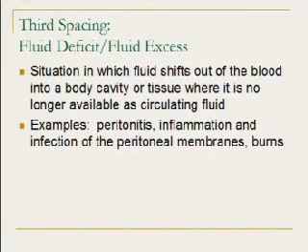Peritonitis, which is basically inflammation in the peritoneal lining and causes a significant amount of inflammatory fluid to accumulate inside the abdominal cavity, is an example of third spacing. There are certain conditions, as in liver cirrhosis, when the venous system, which supplies blood to the liver, becomes obstructed because the blood flow cannot pass through a diseased liver.